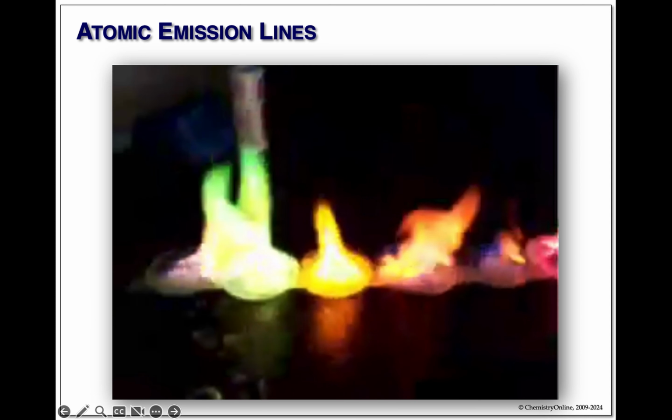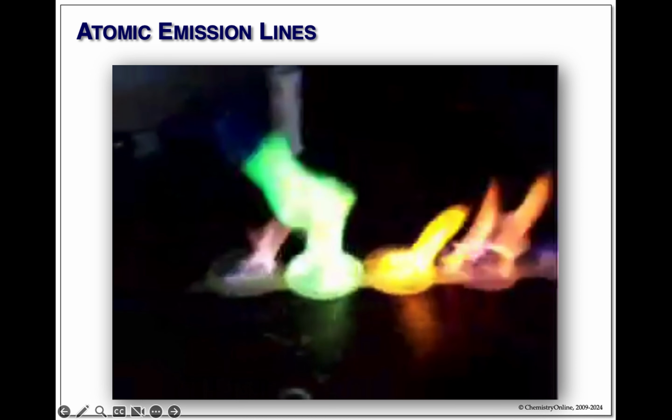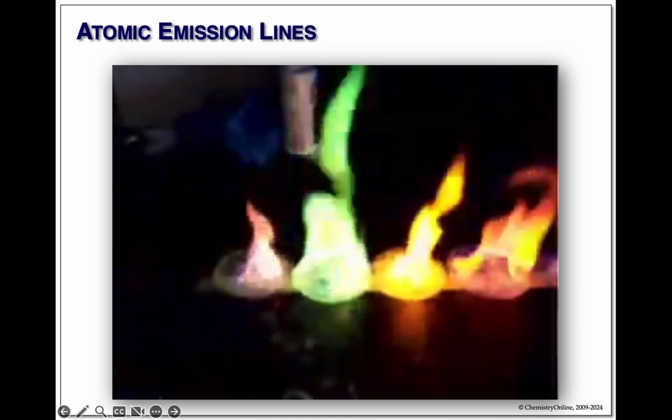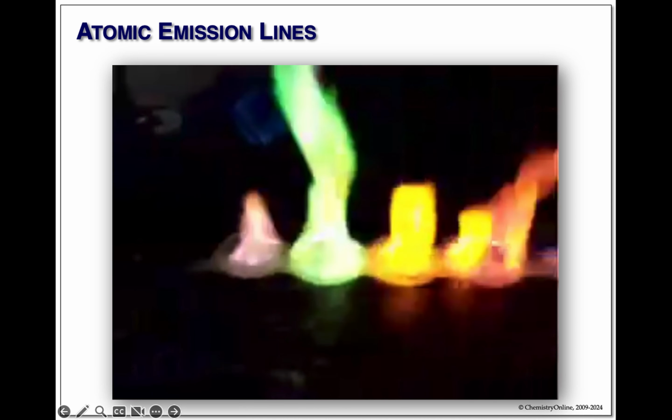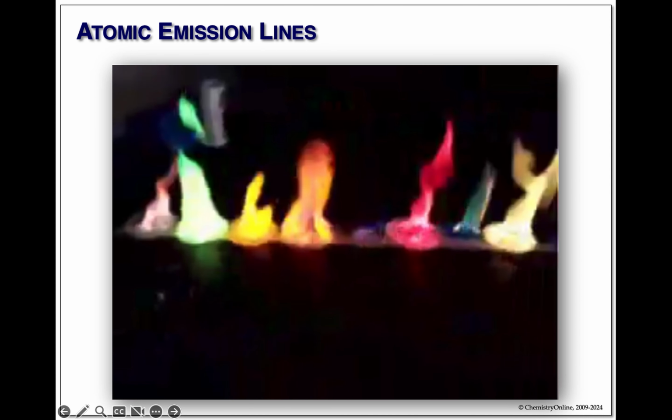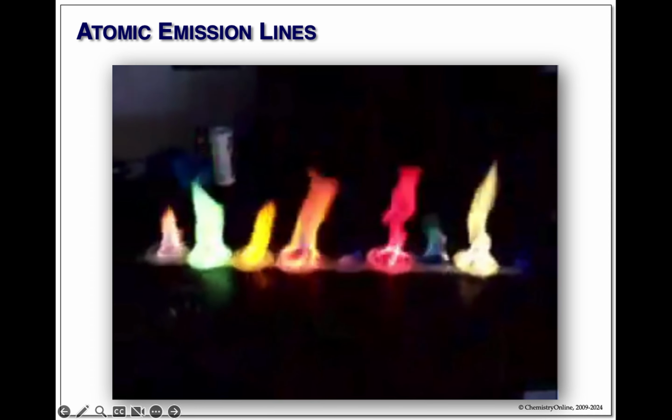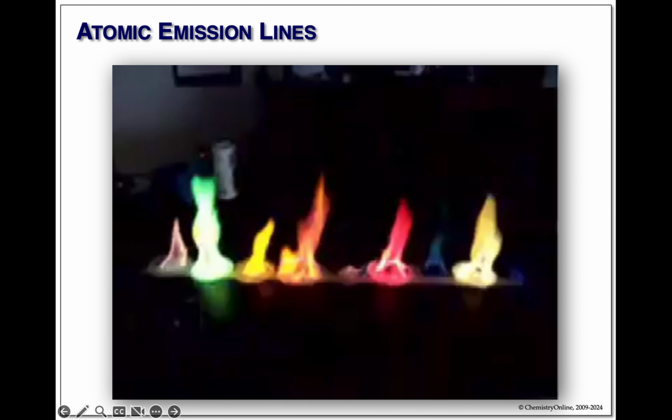That is lithium. Next we have sodium giving us a characteristic yellow flame. Then we have copper with its green color. And finally potassium with the purple or lilac shade. So this is a really fun way to do it. But again, they won't let me do that here anyway.